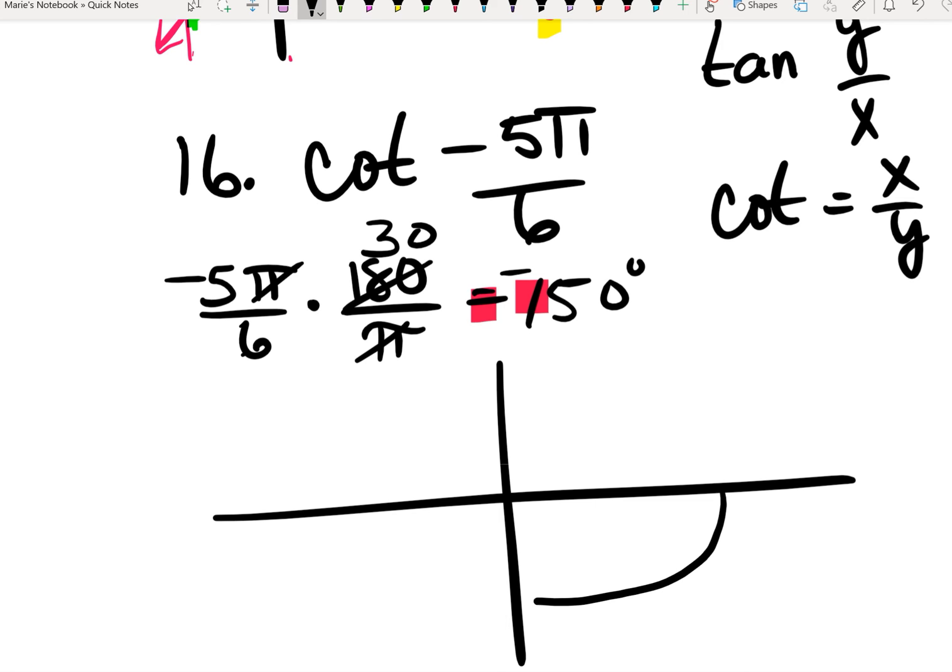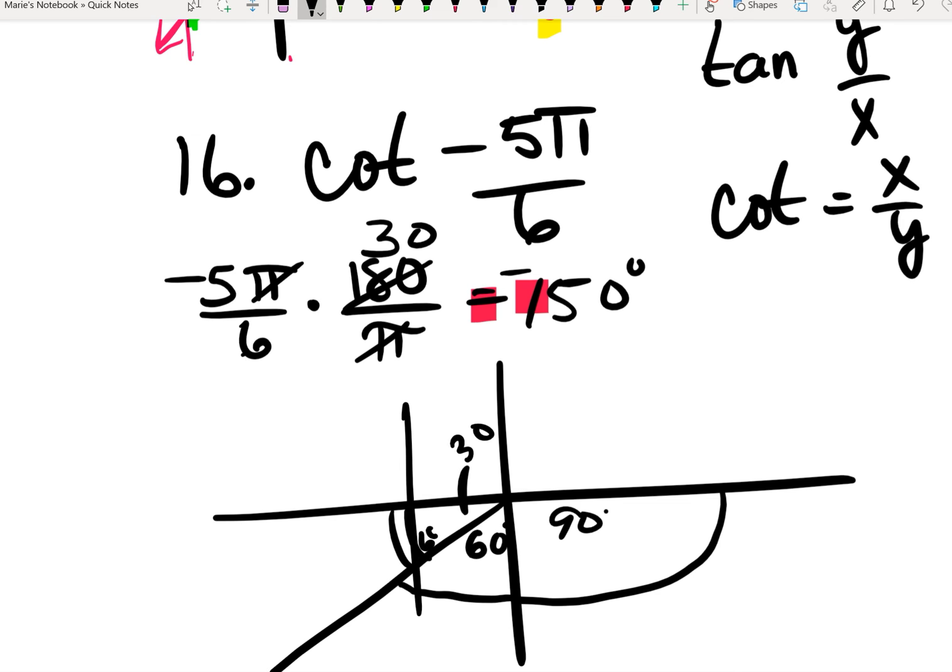So I'm drawing my angle from 90 plus another 60, so 90 and 60 degrees gives you the 150. My reference angle is 30 degrees and it's sitting right in there. So if I draw my triangle, this is a 30, 60, 90, right?